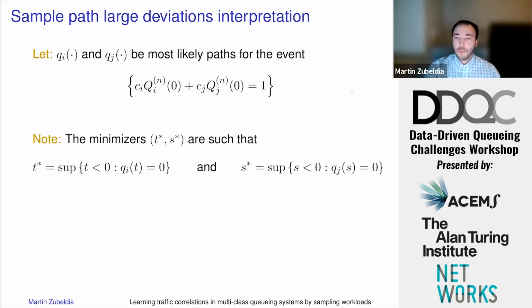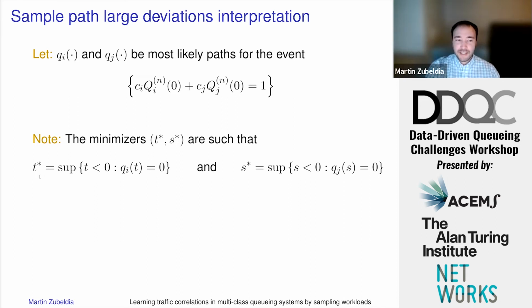So there's a very nice interpretation of these minimizers when you think of sample path large deviations: the minimizers that we had before have a very particular meaning. T star and S star are the start of the busy periods of the most likely paths that contain time 0.